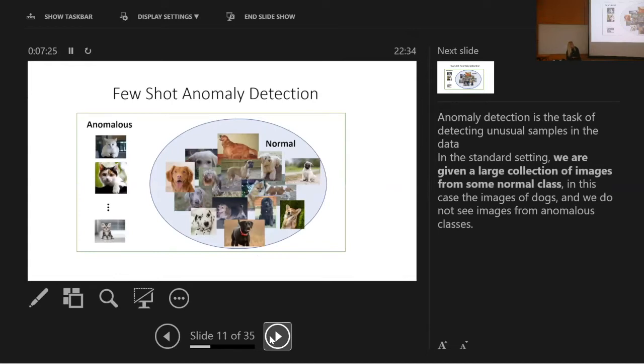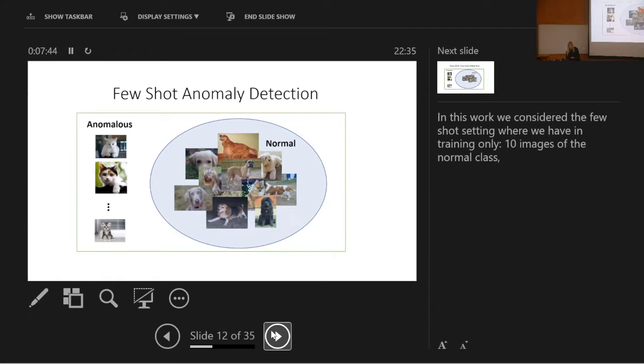Okay, anomaly detection is basically the task of detecting unusual samples in the data. In a standard setting, we are given a large collection of images, in this example, the dogs, and we don't see images from the anomalous class, the cats.